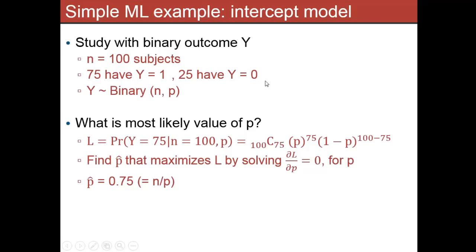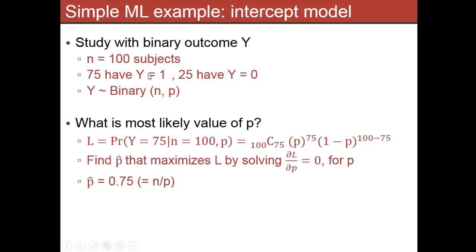Using your biostats 1 hat, you'd say, this feels like a binary process, and the binomial distribution might dictate whether people get the disease or not. 75 of them did, 25 of them didn't. We want to know, imagine if I brought you this data.